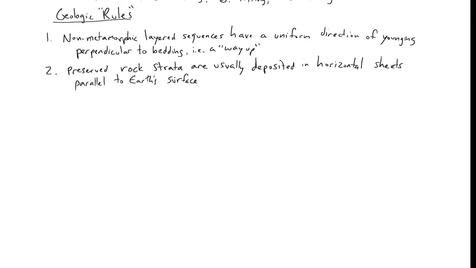So what that means is if we find sedimentary rocks dipping at some angle, 20 degrees, 40 degrees, that means they've been tilted, okay? Because when we look around at rivers, lakes, ocean basins, the rocks that are being deposited are essentially horizontal, no more than a couple degrees.